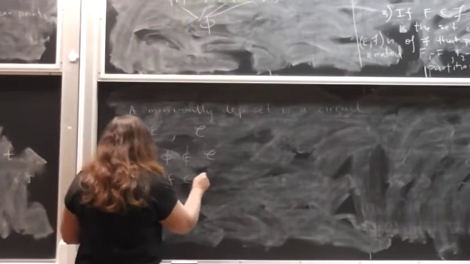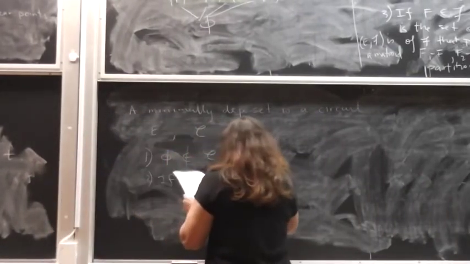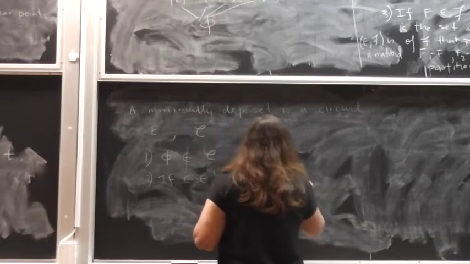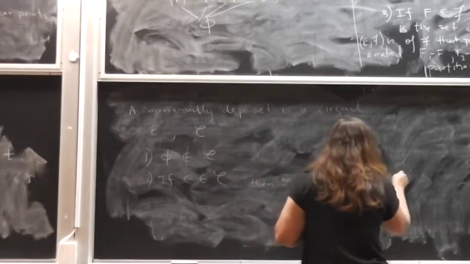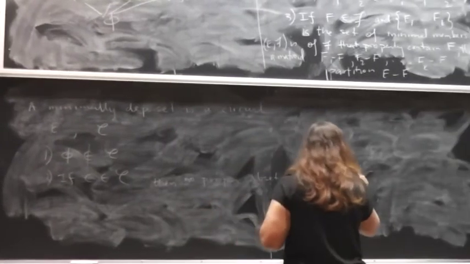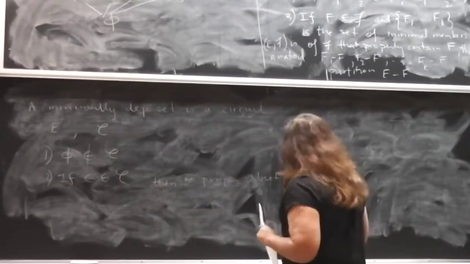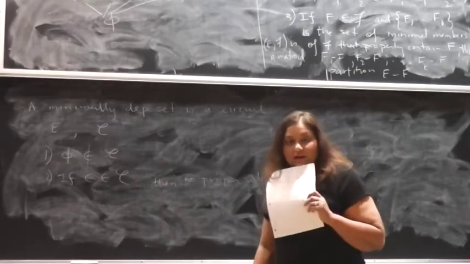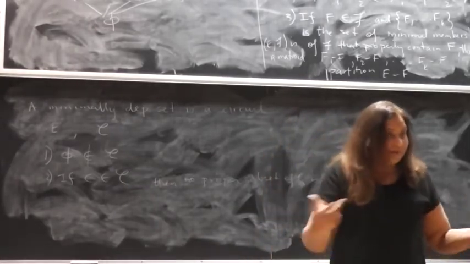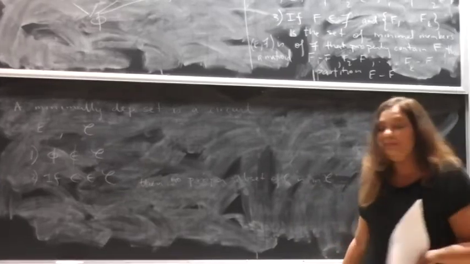If C is a circuit, then no proper subset of C is in C. So if you have a cycle in the graph, no proper subset of that will be a cycle.